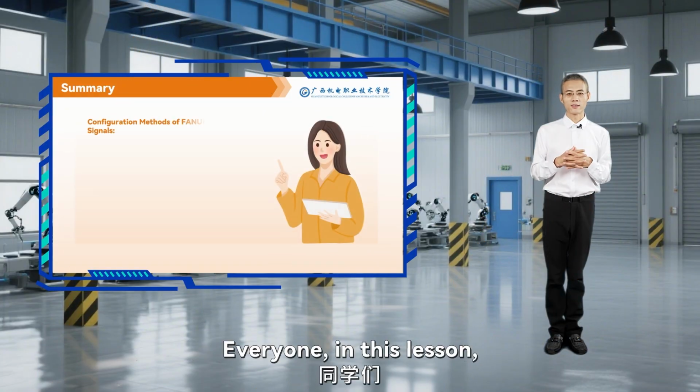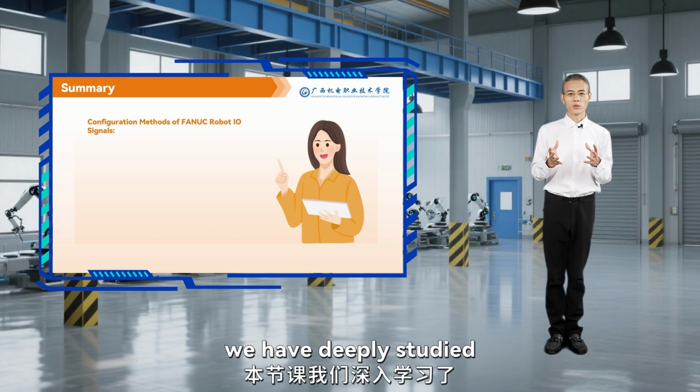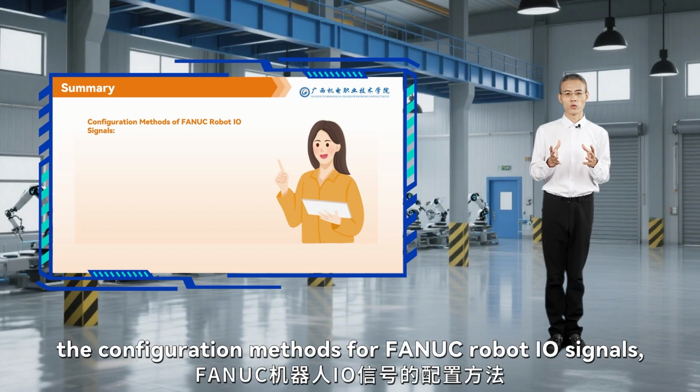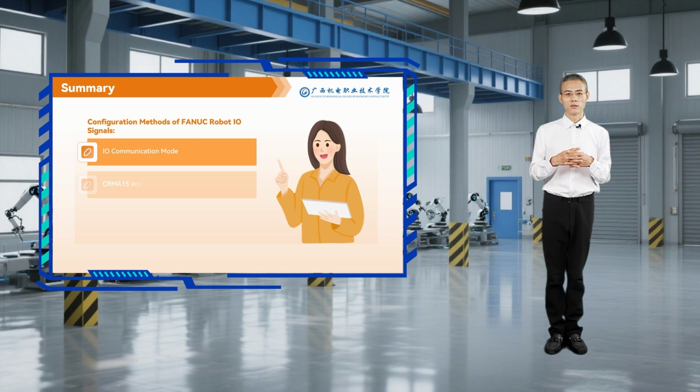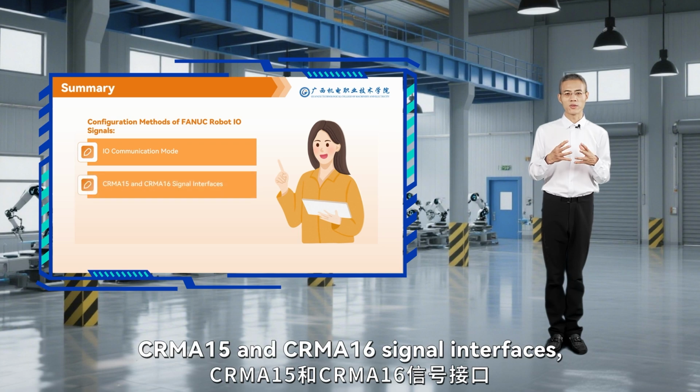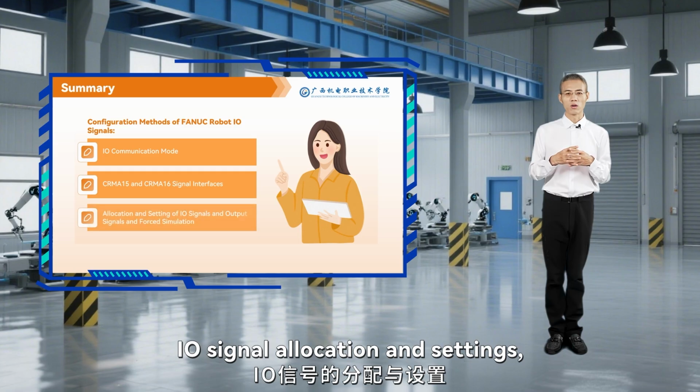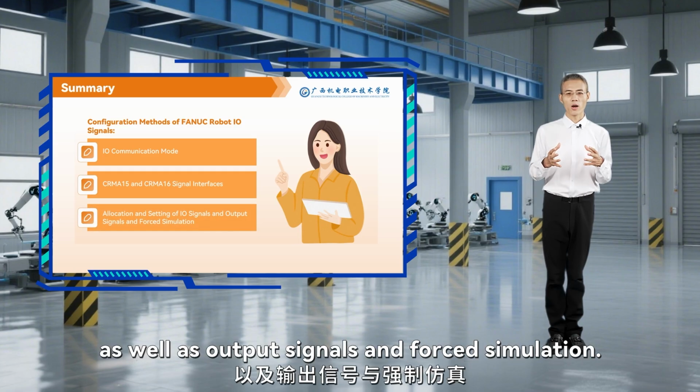Everyone, in this lesson, we've deeply studied the configuration methods for FANUC robot I/O signals, including I/O communication methods, CRMA15 and CRMA16 signal interfaces, I/O signal allocation and settings, as well as output signals and forced simulation.